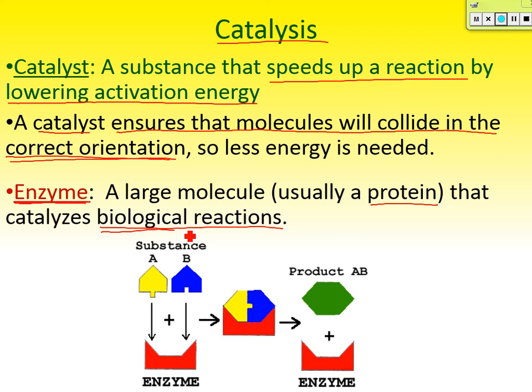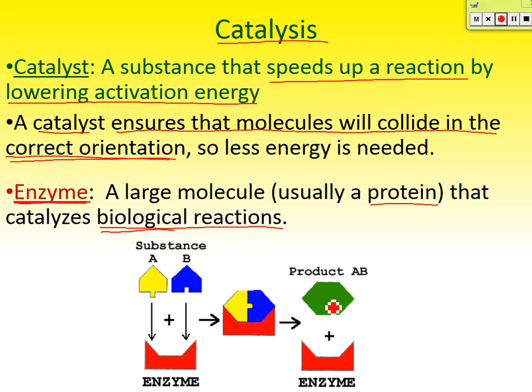So let me show you how a catalyst or an enzyme works. If you look down here, we've got 2 molecules, A and B, and they've got to react so that they can form this product, AB. So it looks like the reaction is just fusing these 2 molecules together, making the product.